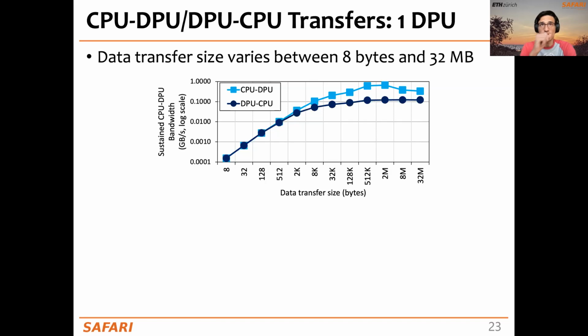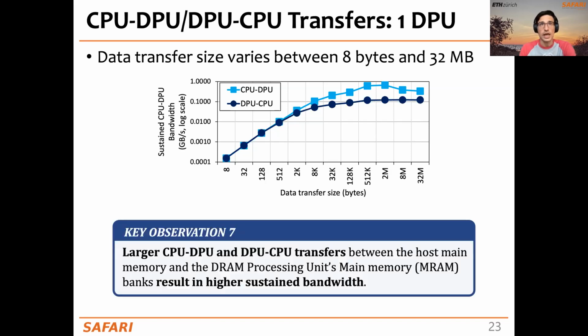This is for DPU-CPU transfers. And one key observation here is that larger CPU-DPU and DPU-CPU transfers between the host main memory and the MRAM banks result in higher sustained bandwidth. We can also observe in the figure that at some point the bandwidth starts to saturate.